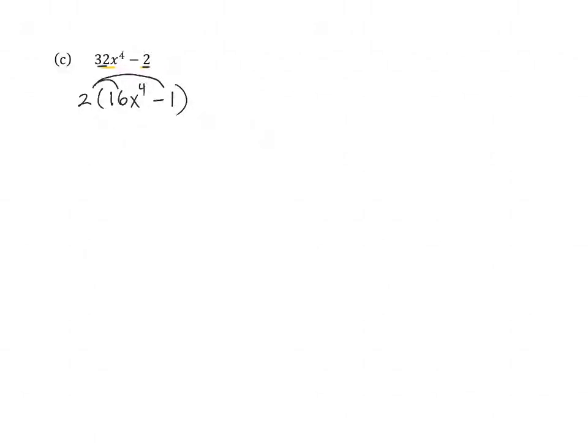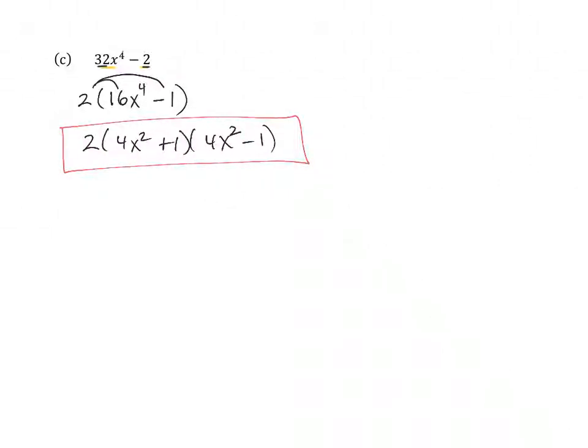And now, if I rewrite this, if I had a problem 4x squared plus 1 times 4x squared minus 1, that's how this ends up factoring. Now, how did I know that? Well, this is the difference, because it's subtraction, of perfect squares. 16x to the fourth, that 16 is a perfect square.